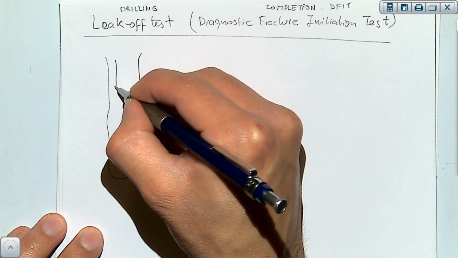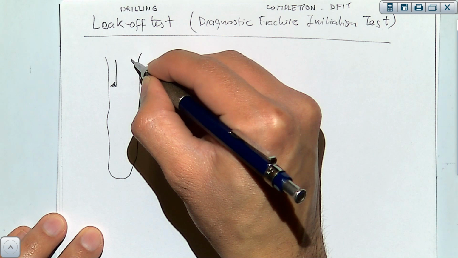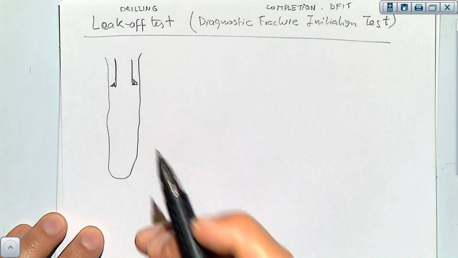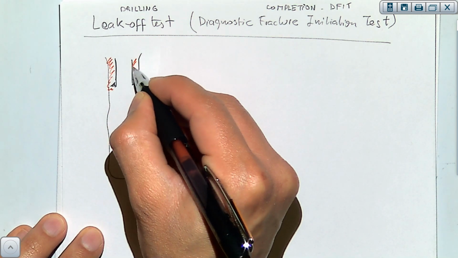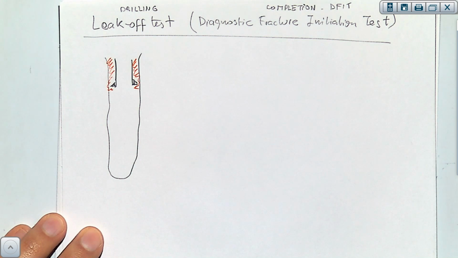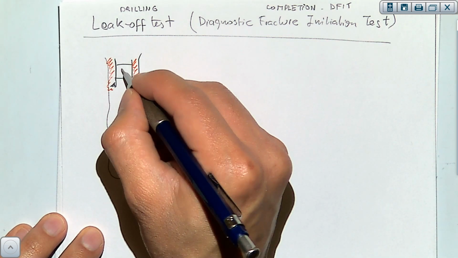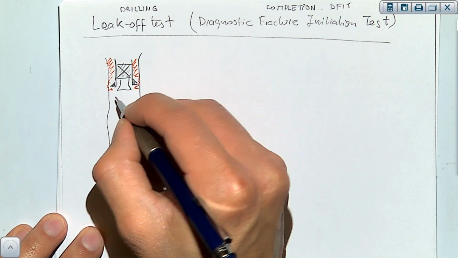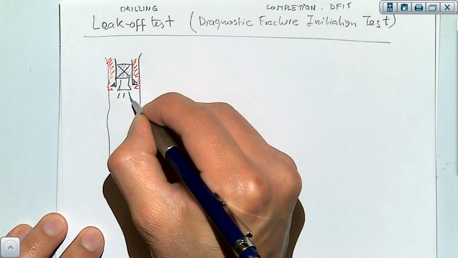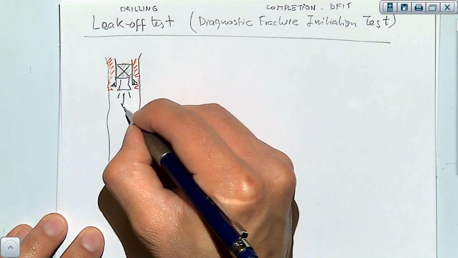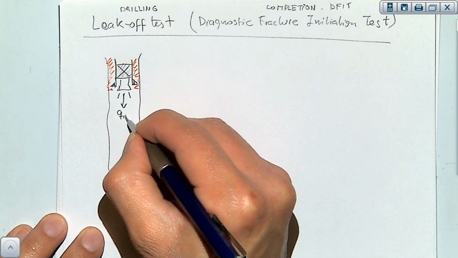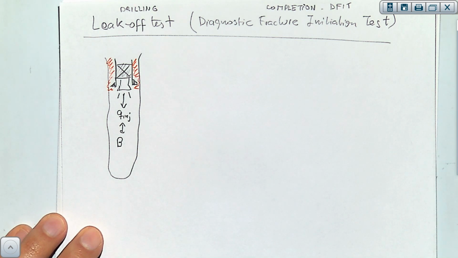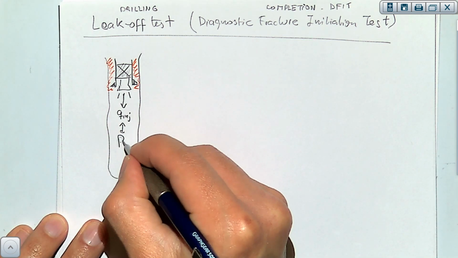In the case of the leak-off test, you pressurize the entire wellbore. You get to a certain depth. After that depth, you run your casing, you cement it, you put a packer in a section, and then you inject the fluid at a given injection rate, which is going to modify the pressure in this cavity.